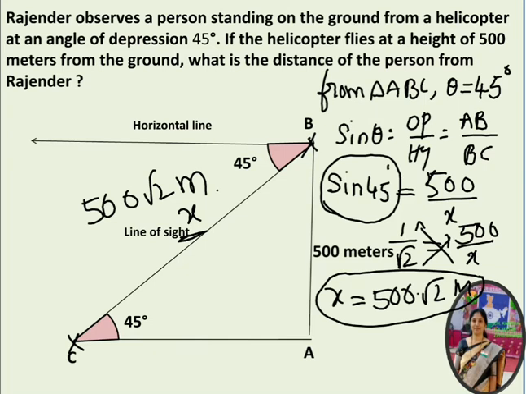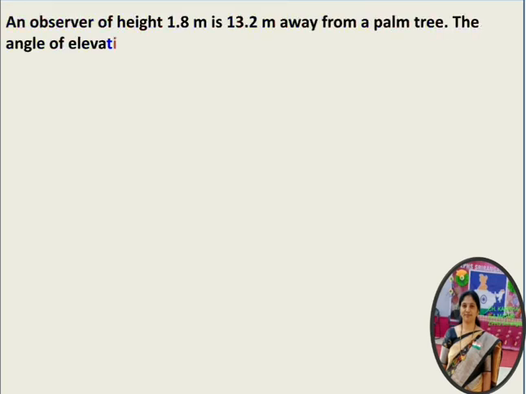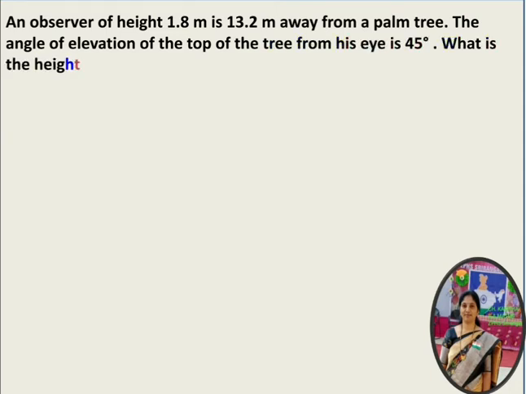Like this we can solve the problems. Just see the next problem. An observer of height 1.8 meters is 13.2 meters away from a palm tree. The angle of elevation of the top of the tree from his eye is 45 degrees. What is the height of the palm tree?